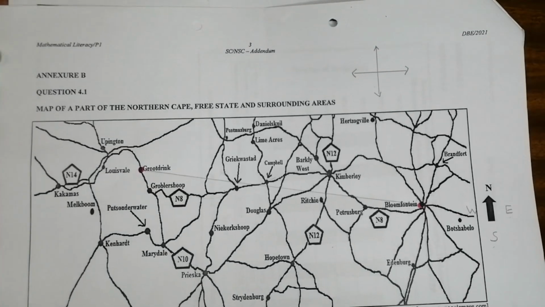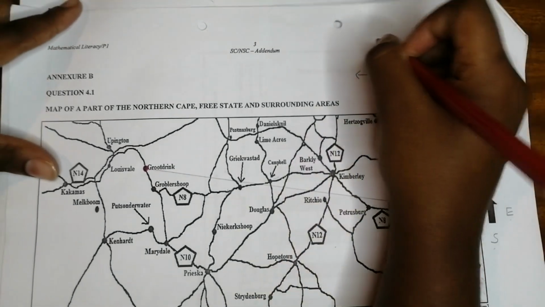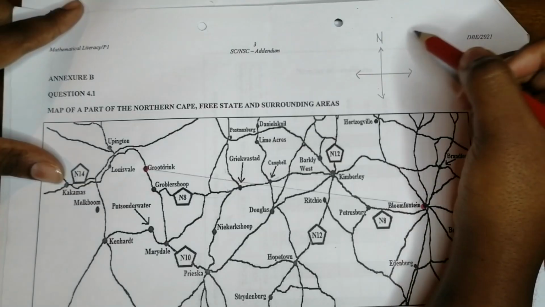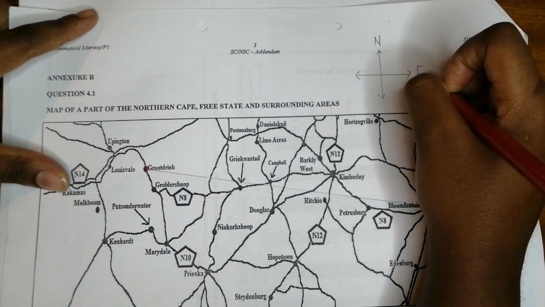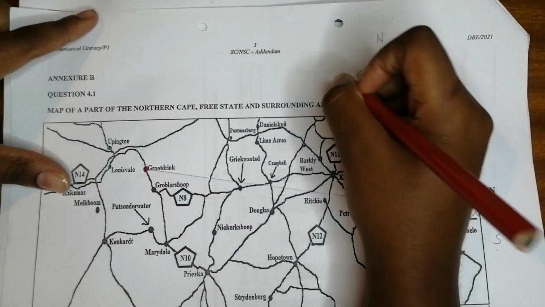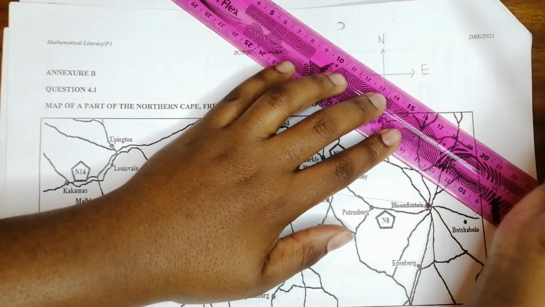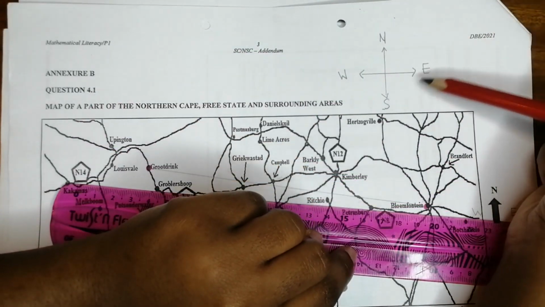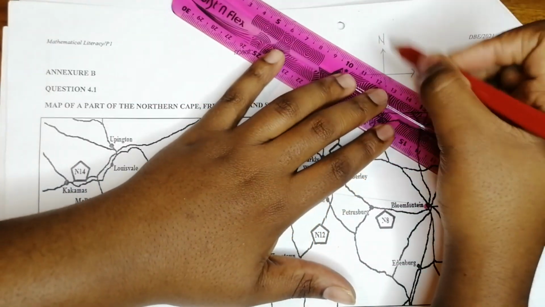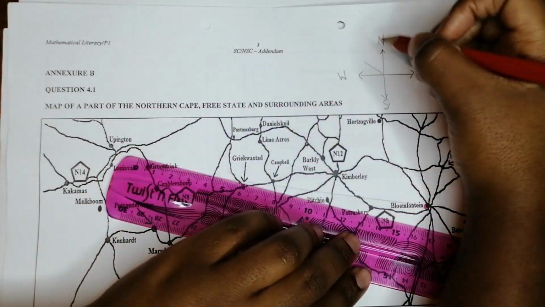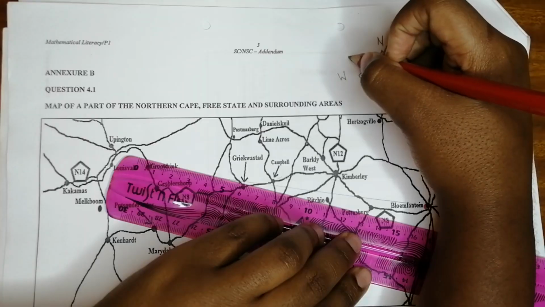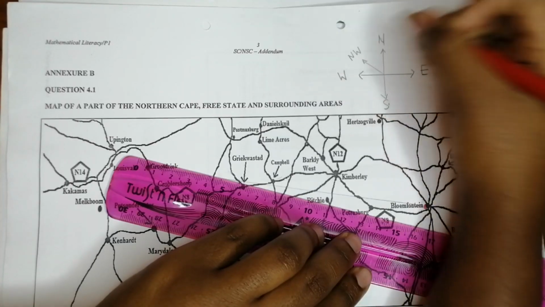I'm also going to show you something, just for additional explanation. If this is your north, you can say naughty elephant sprays water. Between your north and your west, you have northwest.